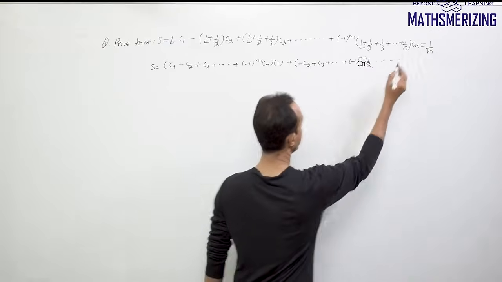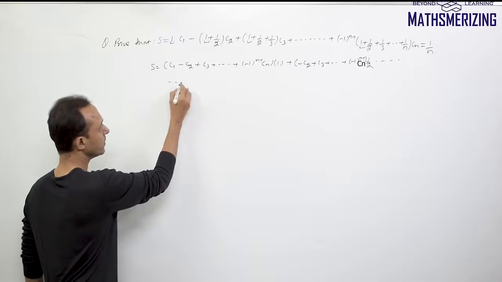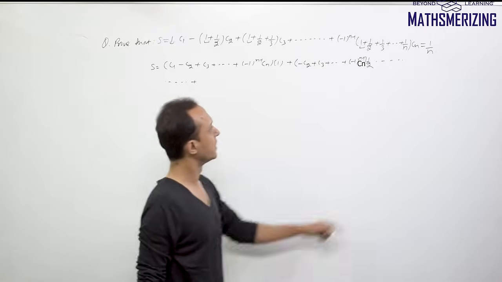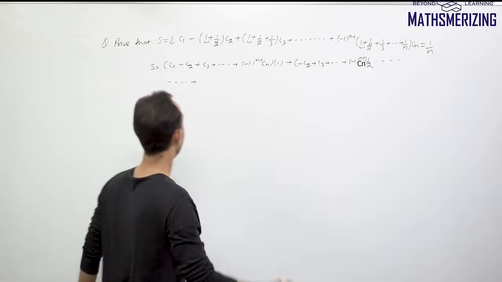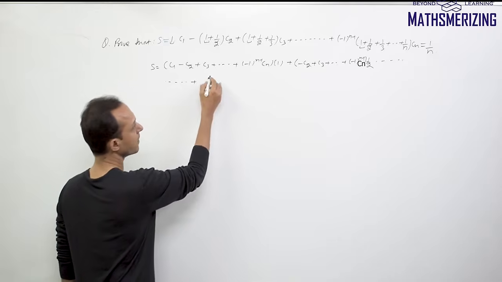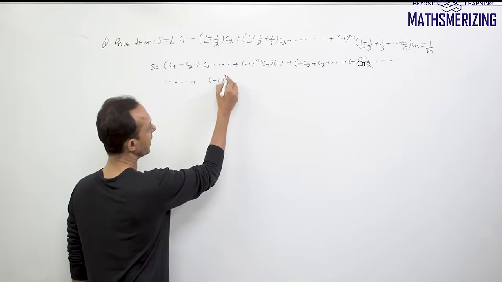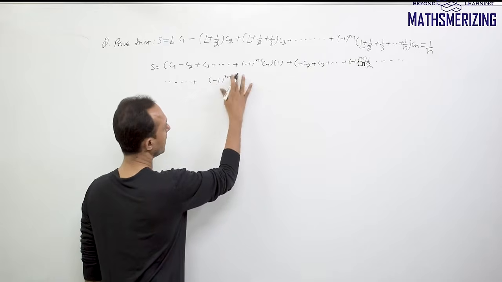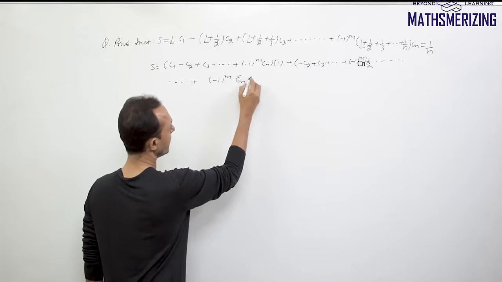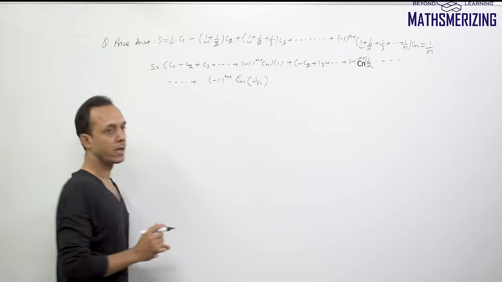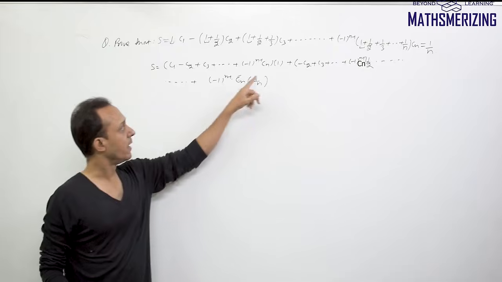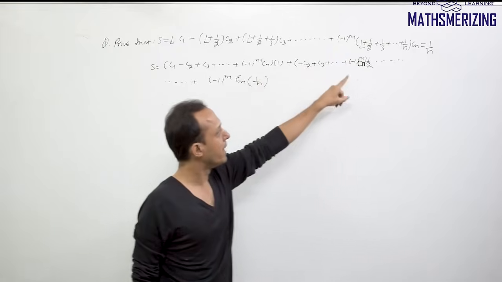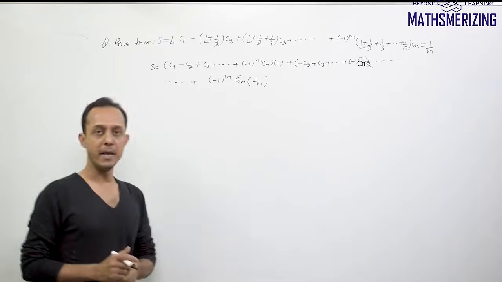And this is how this series will continue. And finally, I'll have the term with 1 by n, and that term will be minus 1 to the power n minus 1 Cn into 1 by n. So what I've done is rearranged the series as coefficients of 1, 1 by 2, 1 by 3, and 1 by n.